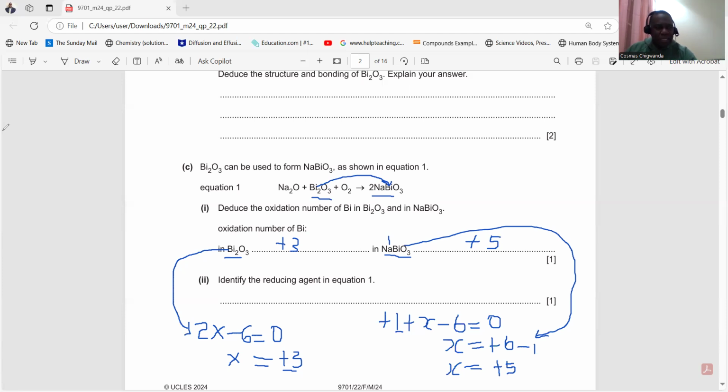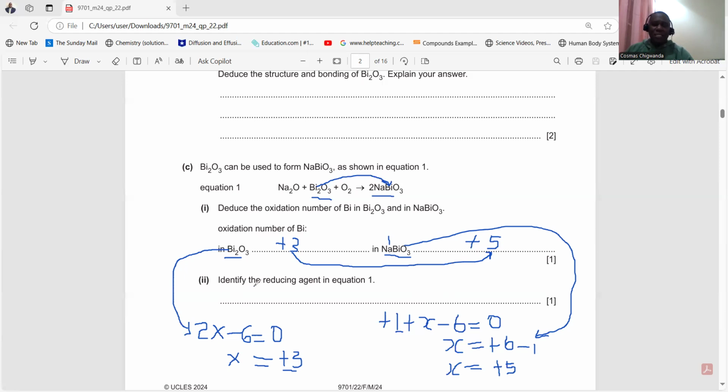It actually changed from +3 to +5, okay? Right, so if we analyze as to what is happening, okay, there is loss of electrons there. If its oxidation state is increasing, okay, it means there is loss of electrons. When we have loss of electrons, we say oxidation has happened, okay? Oxidation is loss of electrons.